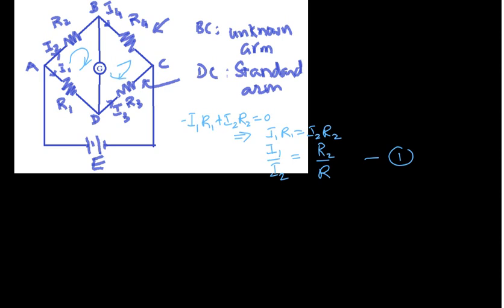Loop current means that line we are drawing, this line. The I3 direction and the loop current direction are opposite.